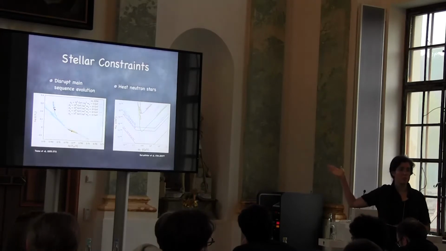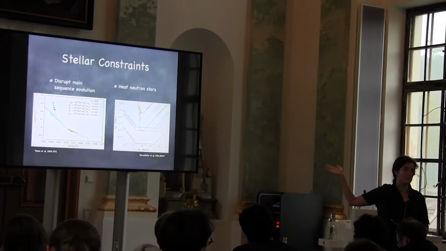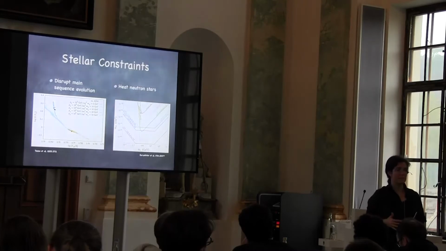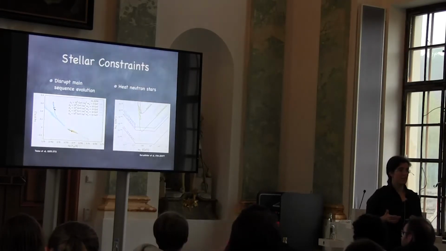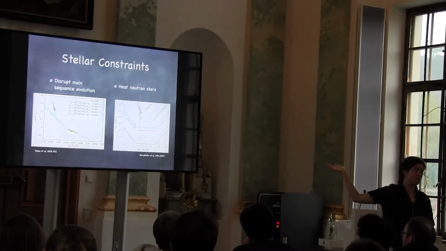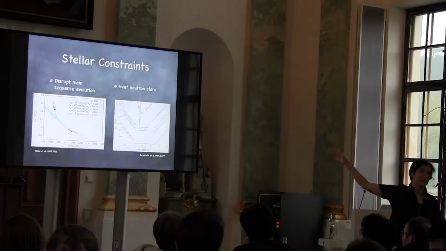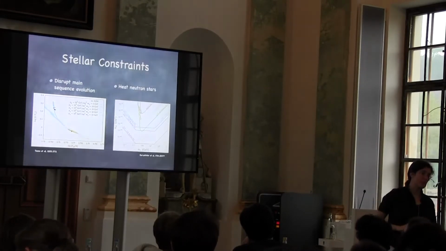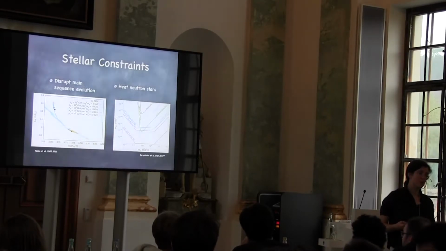So in this case, you don't require an annihilation process to do the heating. So in that case, it's the most minimal. All I have to require is that the dark matter be captured and it have an interaction cross-section. That's all that has to happen.